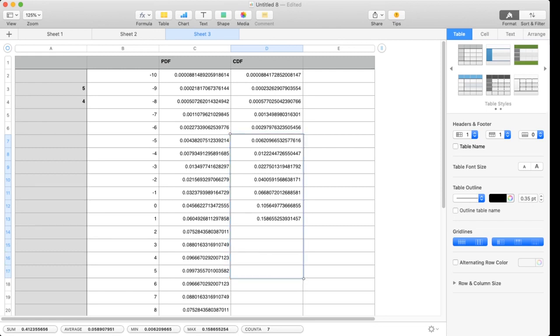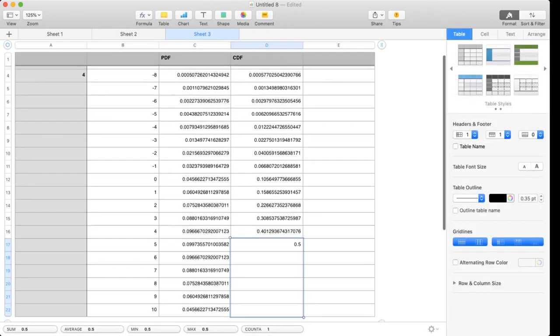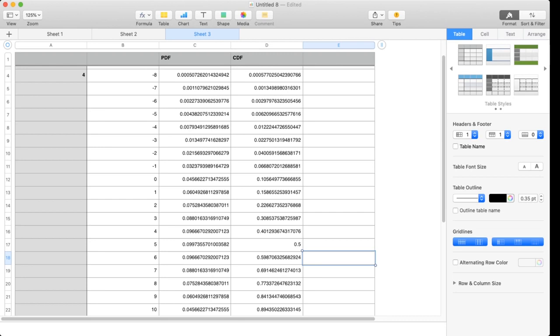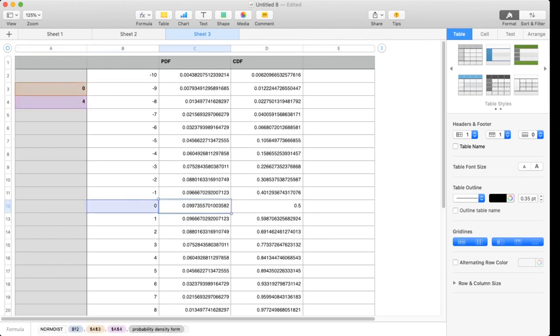So here I get 5, and then I get other values. If I make the mean 0, you see the CDF is 0.5 at 0. That makes sense because the normal distribution is then symmetrical around 0.